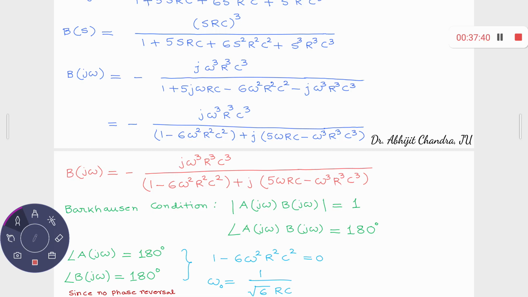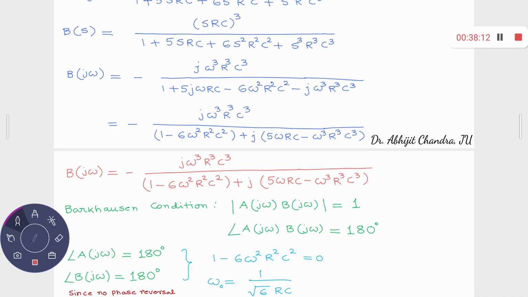In order to ensure that there is no phase reversal, note that the amplifier itself provides a 180 degree phase difference from base to collector. What I told you at the very beginning is that whenever the signal is traversing through this loop, A of S times B of S is equal to minus 1. In some of the books you will find that the loop gain is equal to unity with no phase difference.